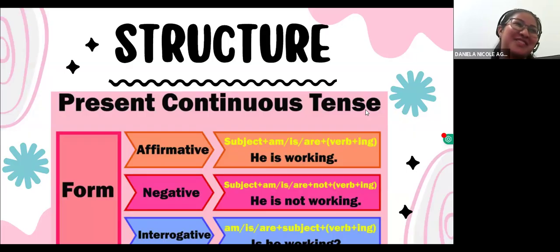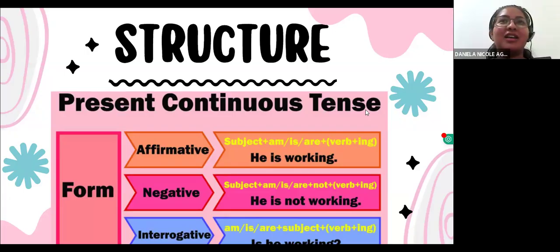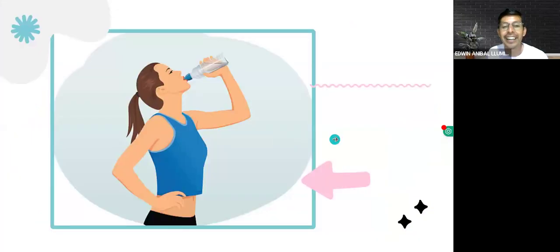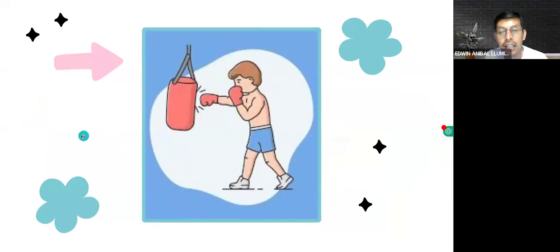Can you repeat the question, please? Could you help me with what Flavio is doing now? Well, I can see Flavio. She now is practicing boxing, or I don't know. I think this is boxing. Yes, yeah, Flavio is boxing.